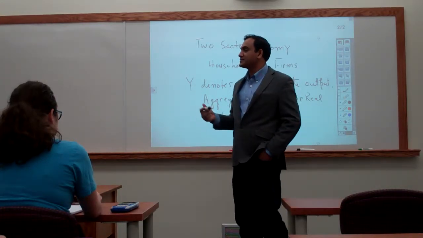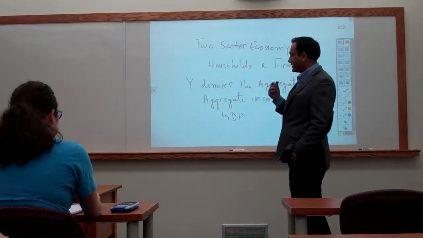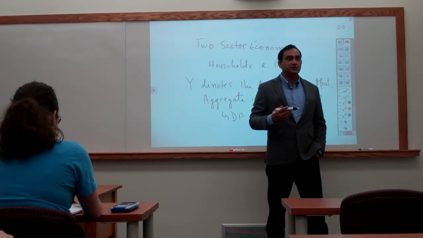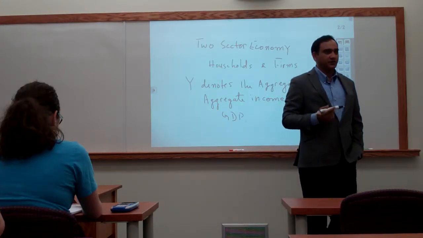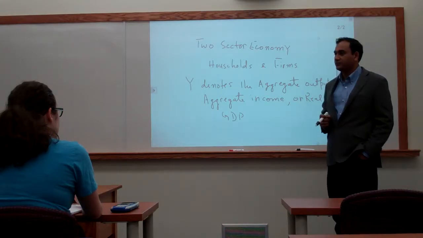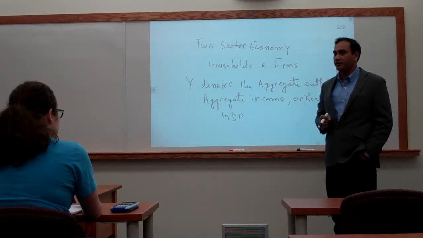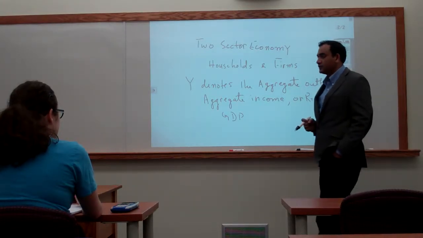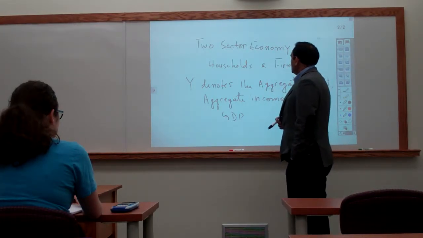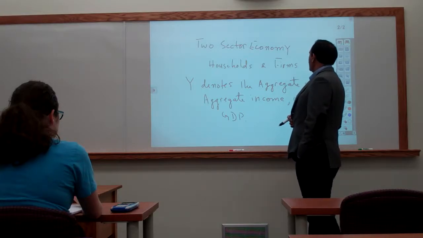So Y represents your real GDP or aggregate output or aggregate income. Also, total quantity of goods and services supplied. You can think of it that way. Is that fine with everybody? What we mean by Y here? Go ahead. Do you have a question? So that's your aggregate output.